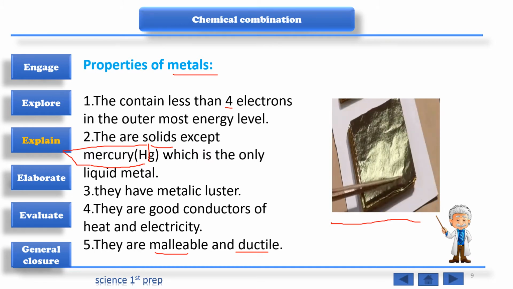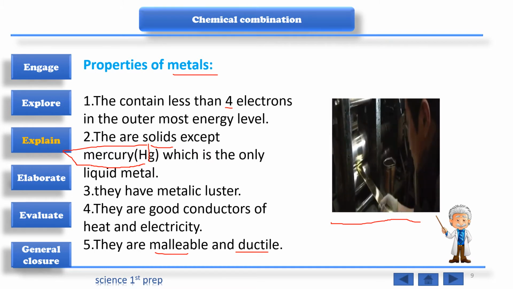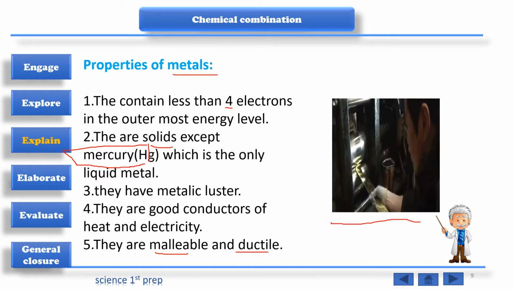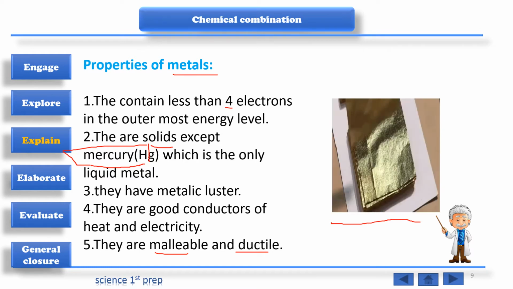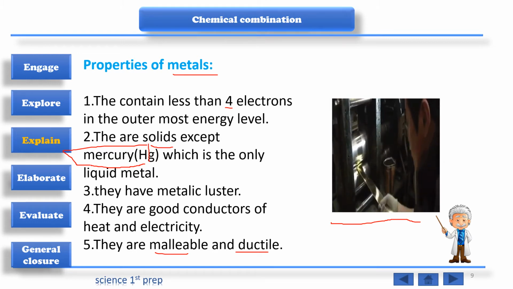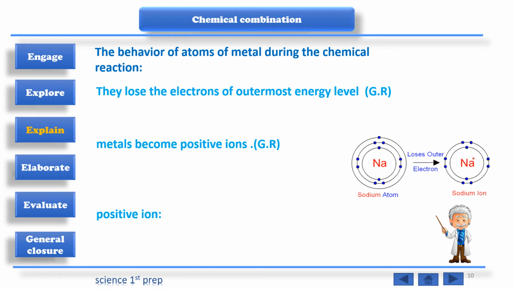So we use metals to make cars and machines because we can form them into many shapes, because they are malleable and ductile. Now we will talk about the behavior of atoms of metal during the chemical reaction.